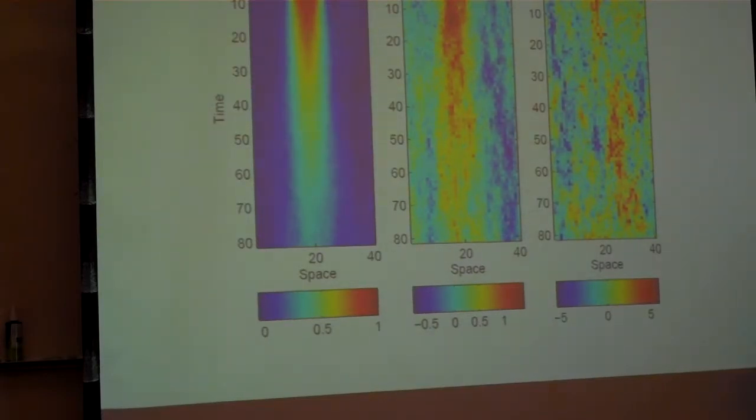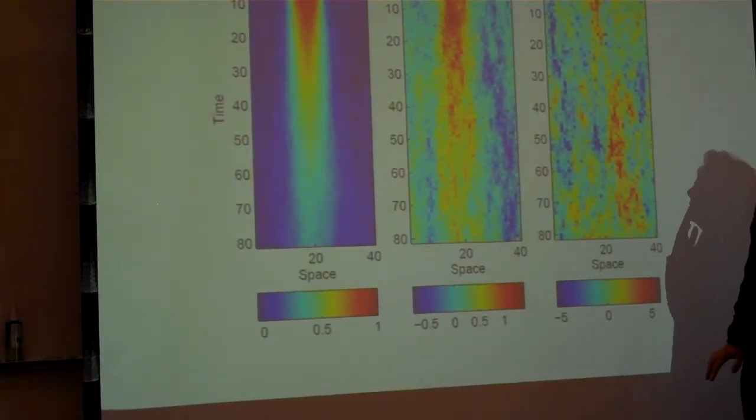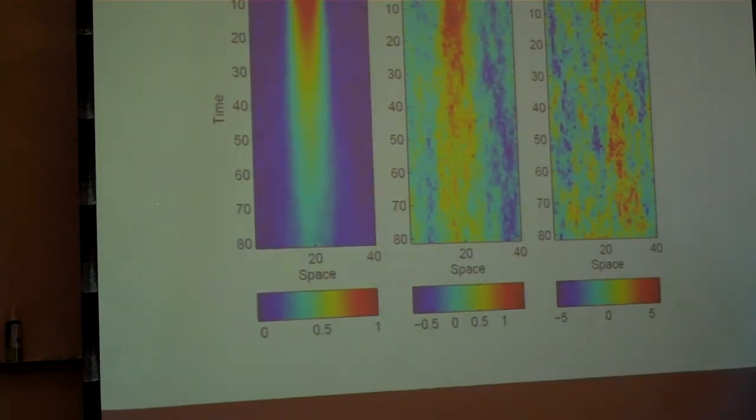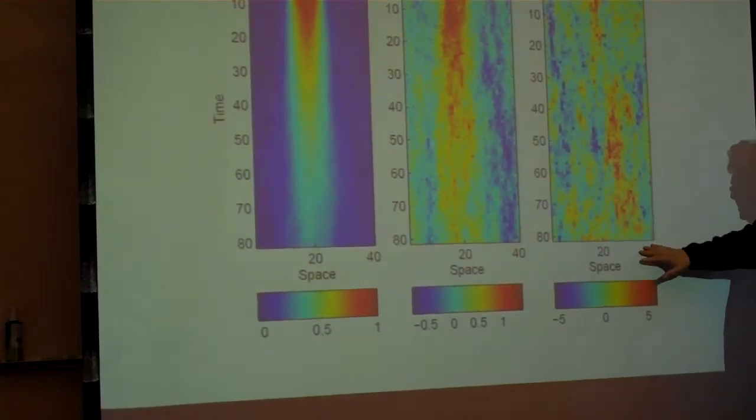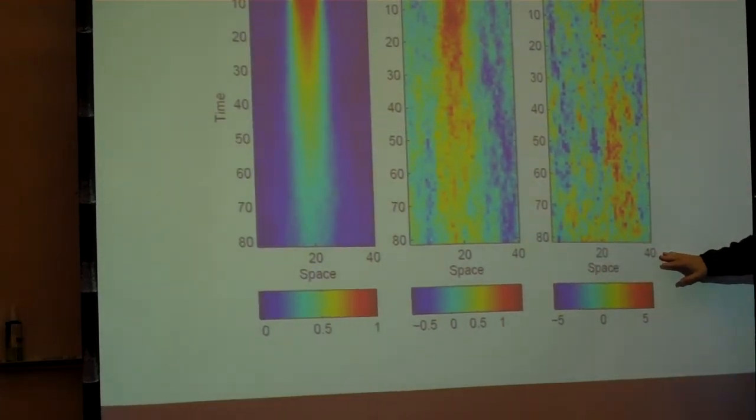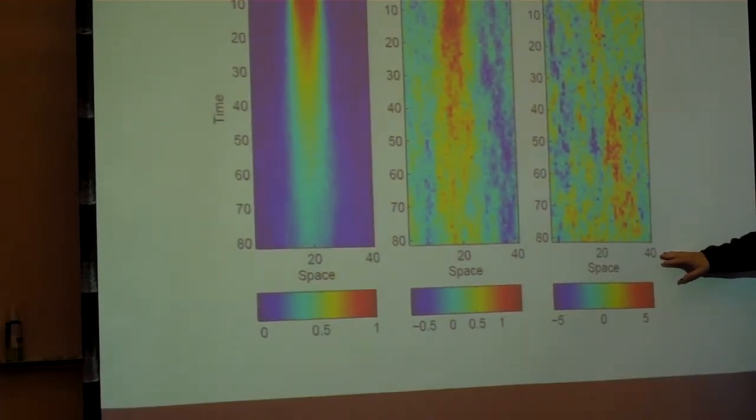So here's just one example, or three examples really. This is a space-time plot. In this case, let's just look at this one. Space is one-dimensional. This is actually a physics problem.